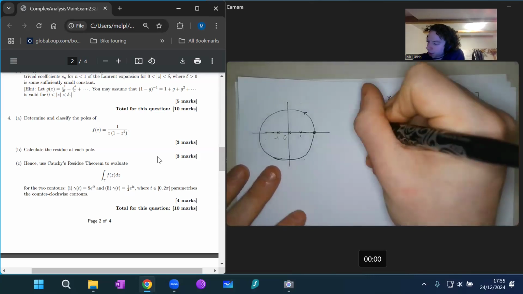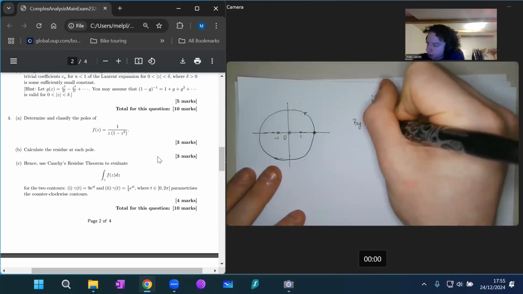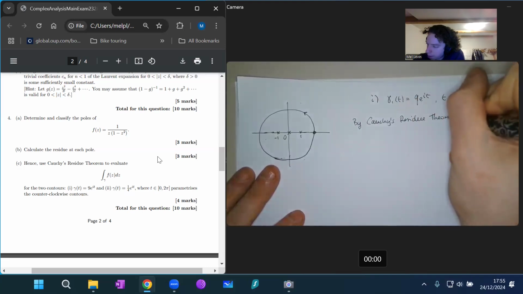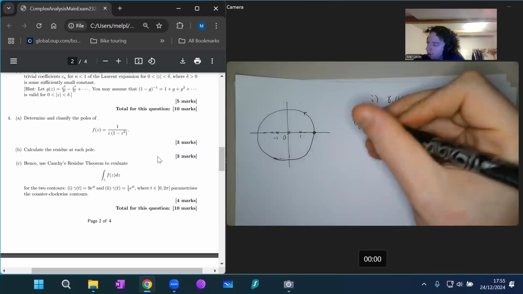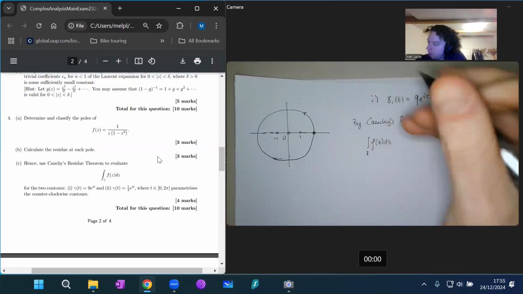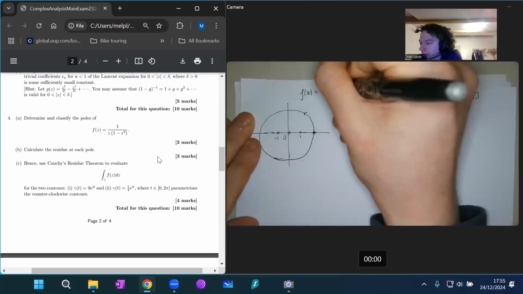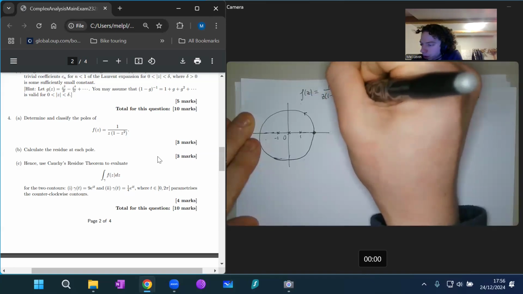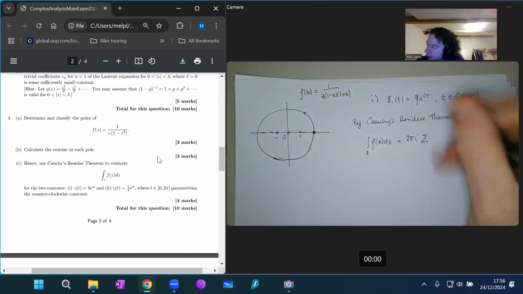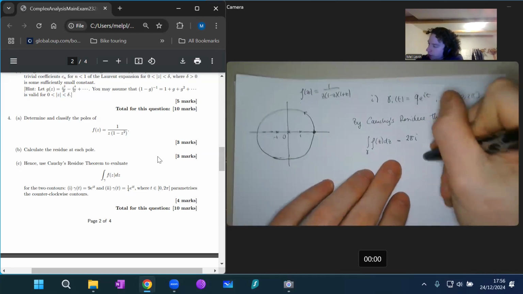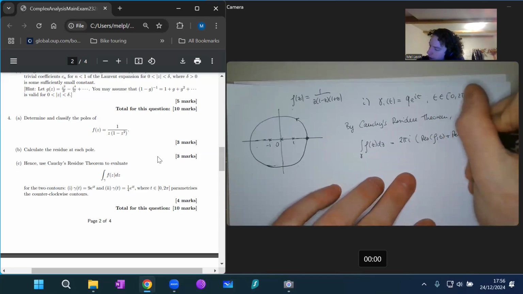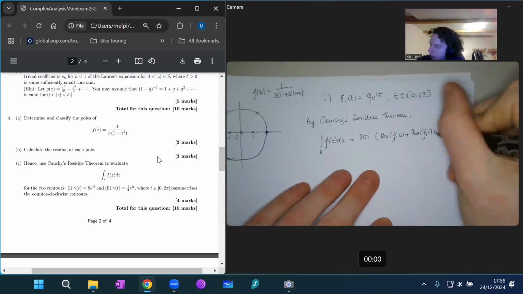So in this case, by Cauchy's residue theorem, remember f of z was just this, the integral is equal to 2 pi i times the sum of the residues: the residue at 0, at 1, and at -1.